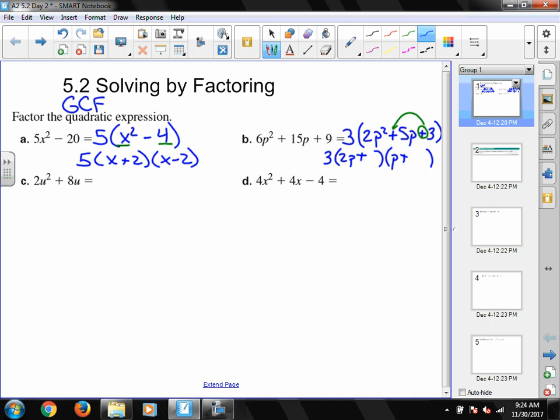Well, I need to get to 5. So the only factors of 3 are 1 and 3. So I'm going to put my 3 here and my 1 here. If I check that, 3 times p is going to give me 3p plus 2p going on the outsides. Hey, that's 5p. We're in good shape.